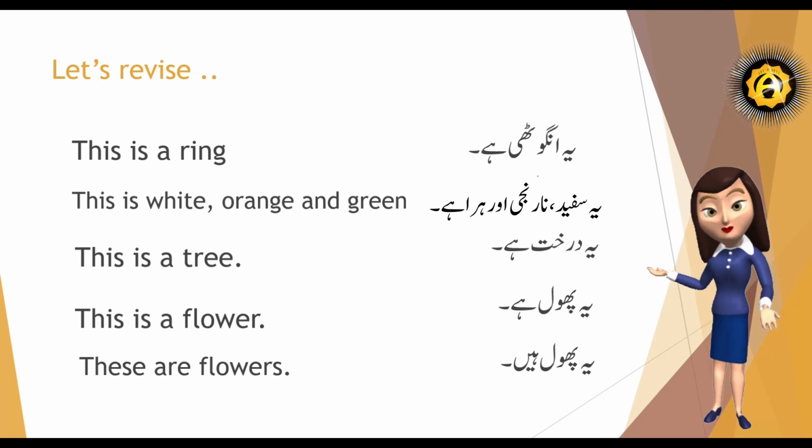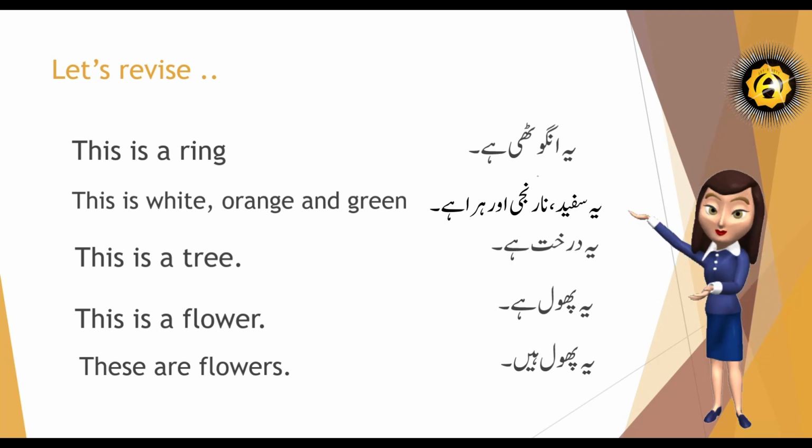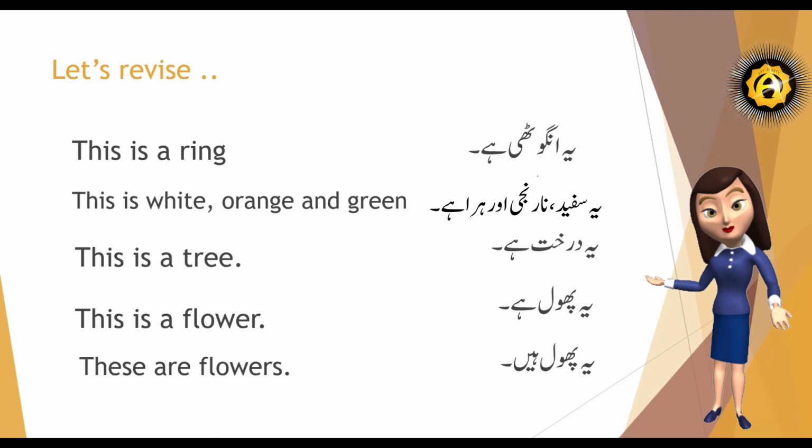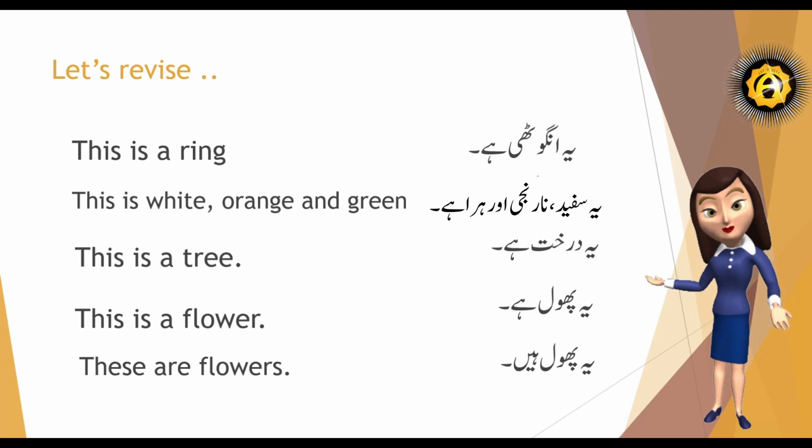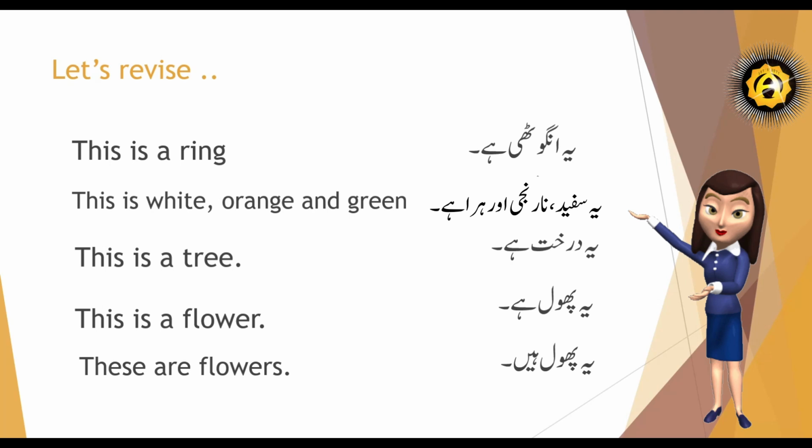Also, notice one thing that we are saying phool for plural as well. For more than one flowers, we are saying phool. Because in Urdu, sometimes the singular and plural is said in the same way. And flower is one of those things that are said in the same way as well.